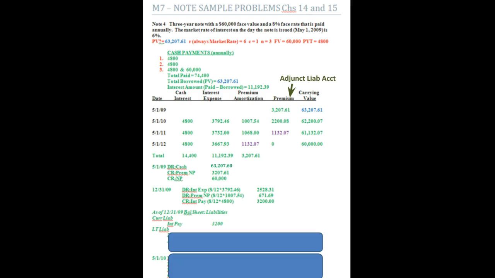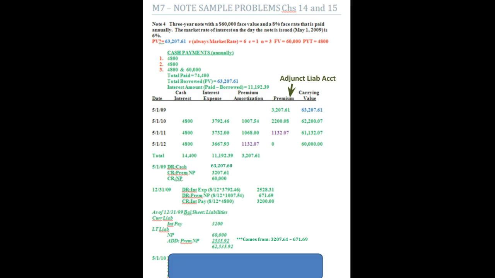The long-term liability would then be, well, what is in the account right now at this point? This is where we'd want to do a T account, and I know the handout here doesn't show you a T account, but basically you're taking that 60,000 and then you're adjusting the premium account.